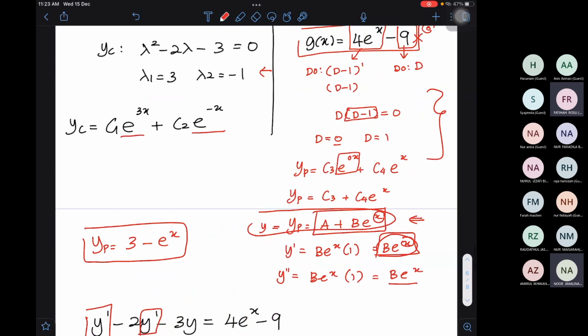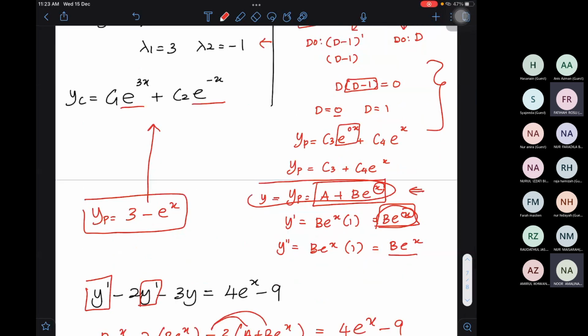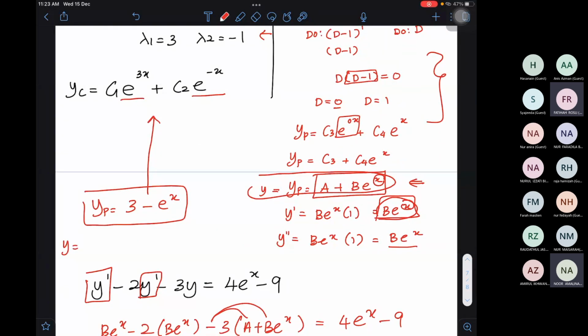Apa yang kita kena buat? Combine sahaja dengan YC. So we will get Y equal to C1 exponent 3X plus C2 exponent negative X tambah 3 tolak exponent X. Inilah dia solution for your non-homogeneous differential equation.